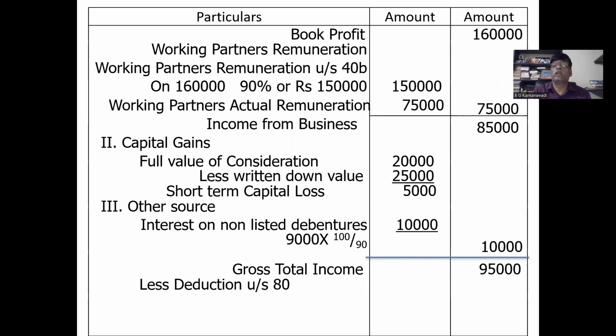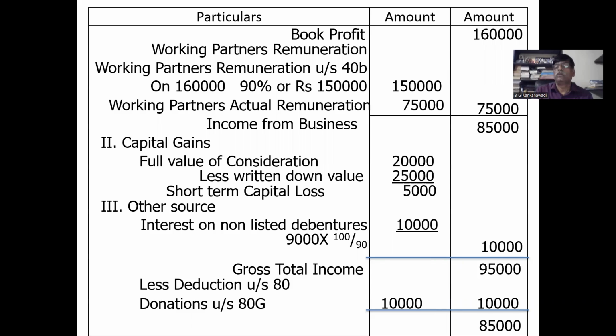Communal harmony, Central government. 80G. 10,000 is the amount donated. This comes under first category. 100% qualify, 100% deduction. So you deduct 10,000. If you deduct 10,000, your total income is 85,000.